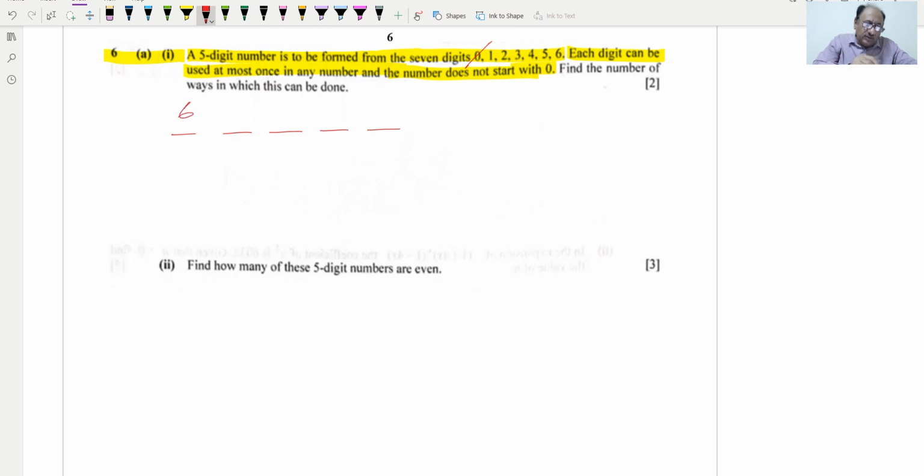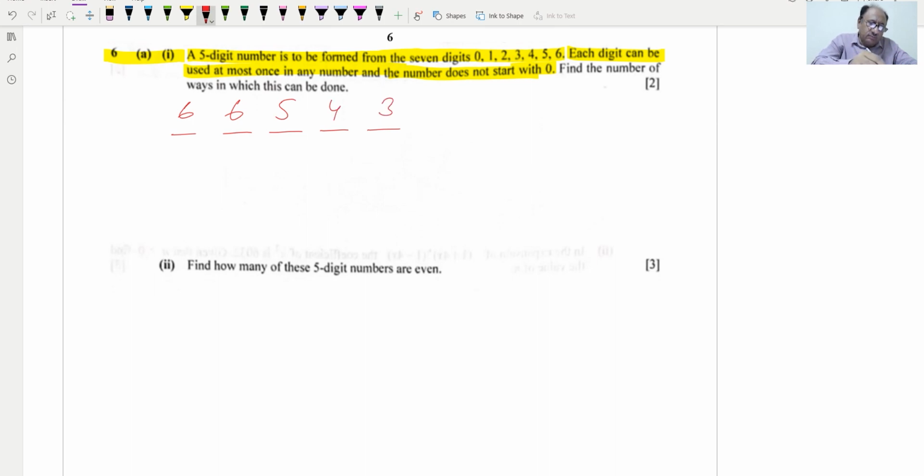Then for the second position we will be having all the numbers again. All the numbers means 1 we have written, so out of 7, 1 is written over here, so the remaining 6, again we will be having 6 options available, and then 5, 4, 3 will be the options available.